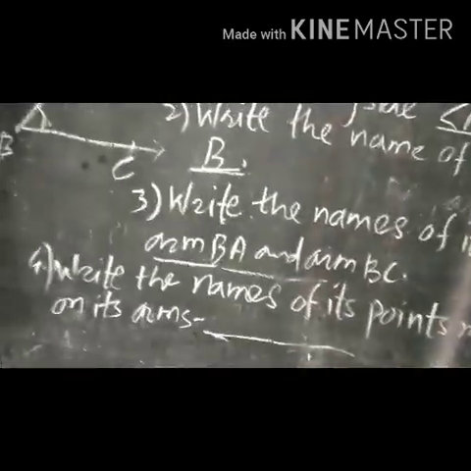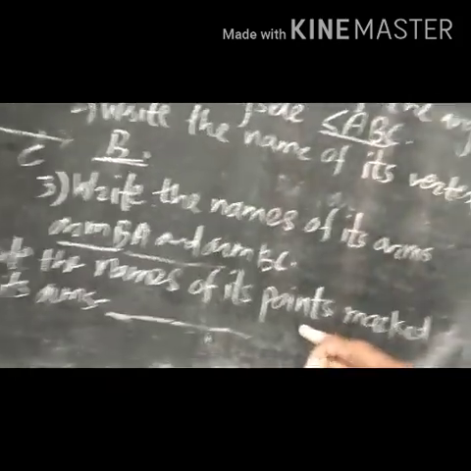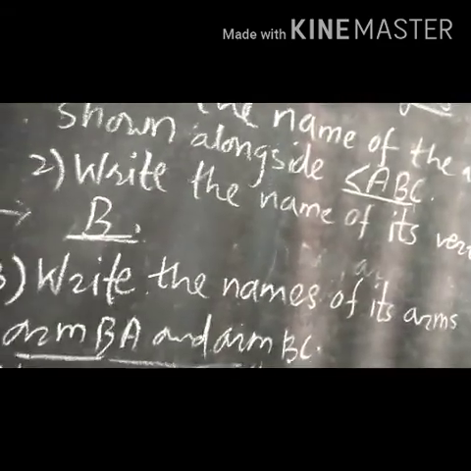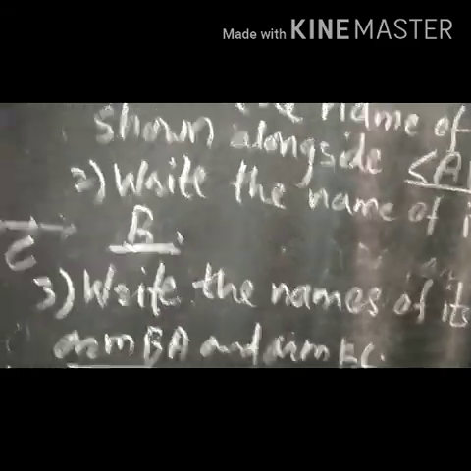Next, number 4, write the names of the points marked on its arms. So here we have to write the names of the points marked on its arms.